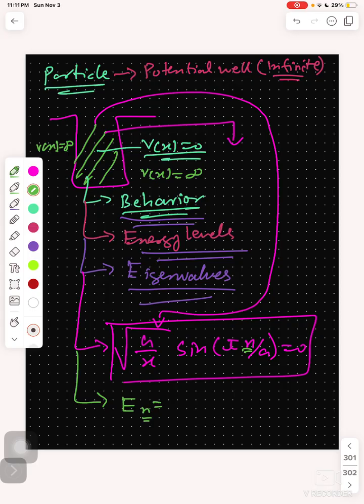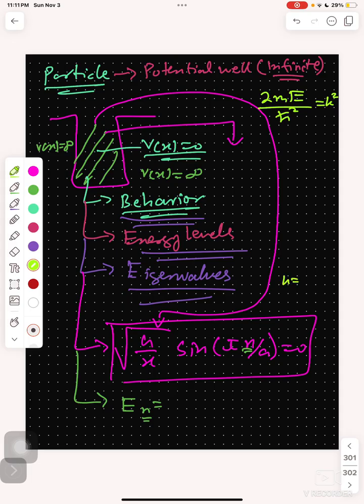So it will be E n equals h bar square k square over 2m.